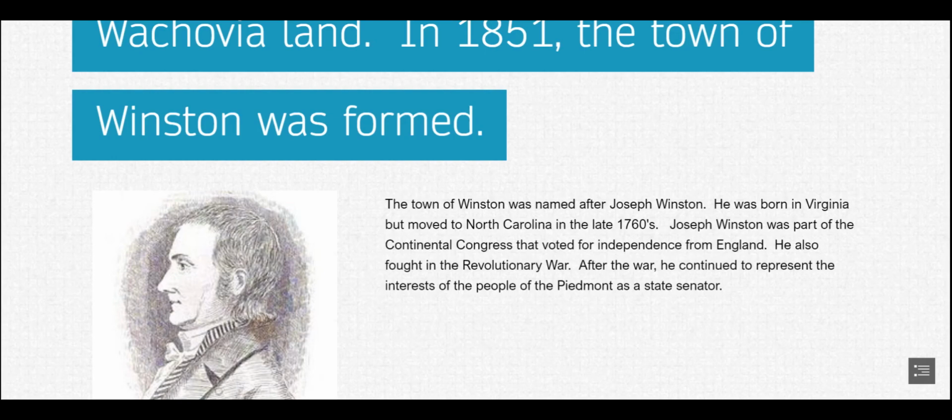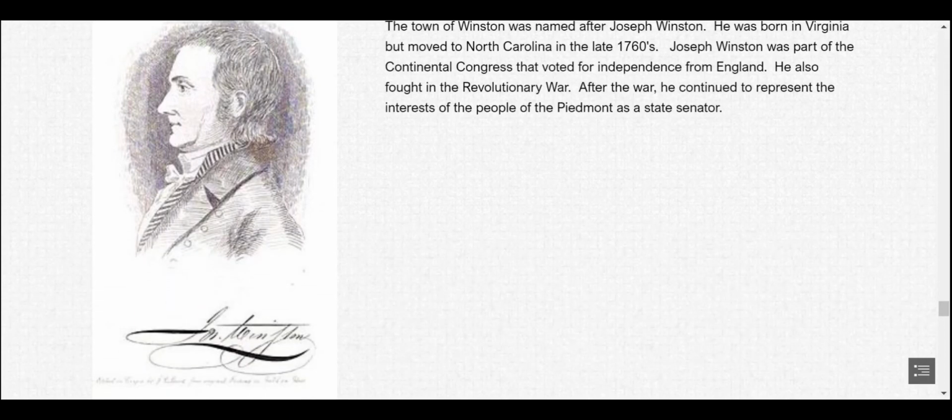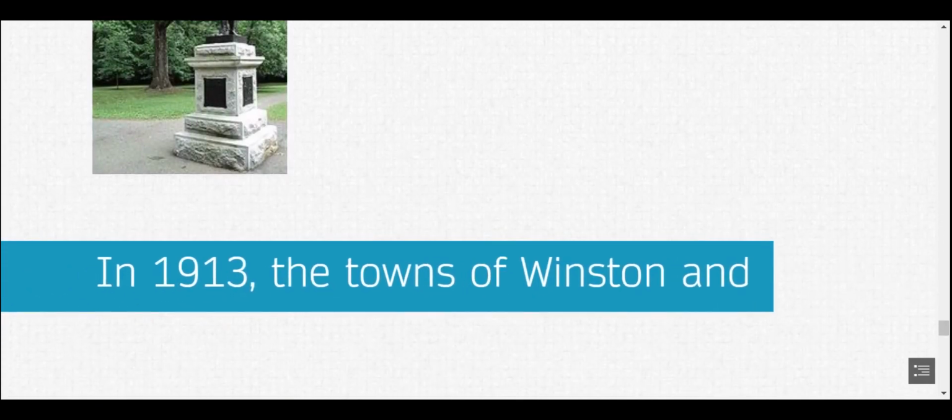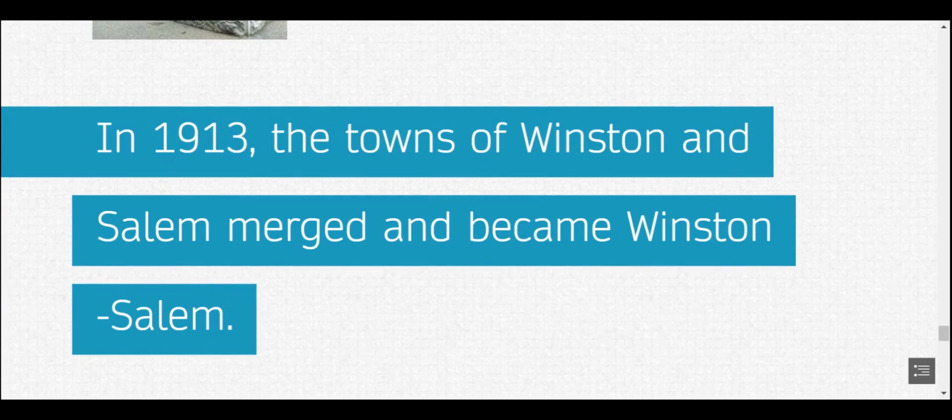He also fought in the Revolutionary War. After the war, he continued to represent the interests of the people of the Piedmont as a state senator. That's a picture of him here. And here's a statue of him. In 1913, the towns of Winston and Salem merged, and they became Winston-Salem.